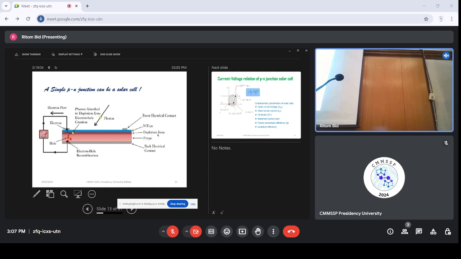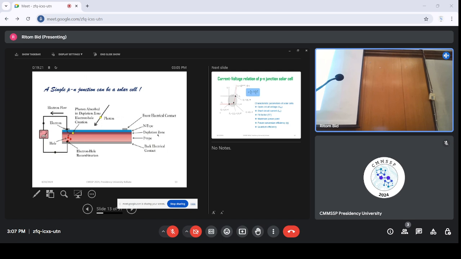So this is where the efficiency reduces. That means most of the electron hole pairs generated by the light are lost due to recombination. You know recombination is the process.